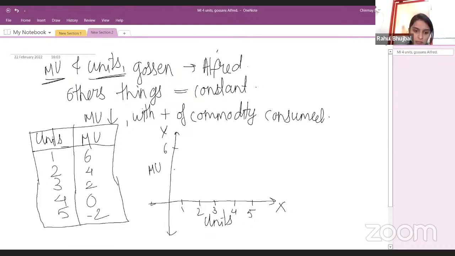So it is 6, 4, 2, 0, and -2. Why is marginal utility decreasing? Because it is showing dissatisfaction. For example, if you purchase a new mobile, when you purchase it the utility will be maximum. As you start using it, the utility for that commodity is going to decrease.